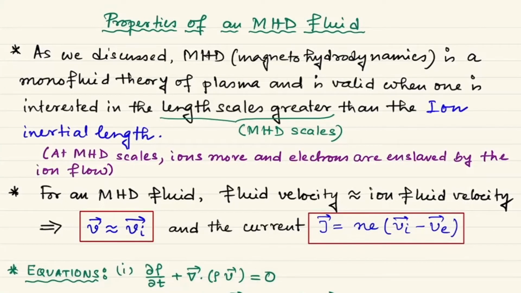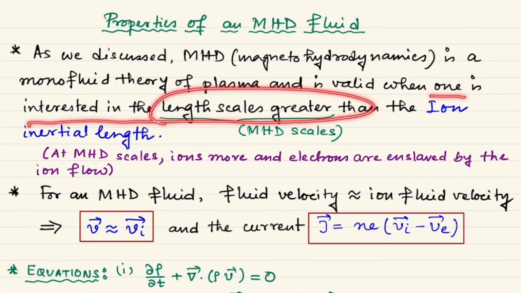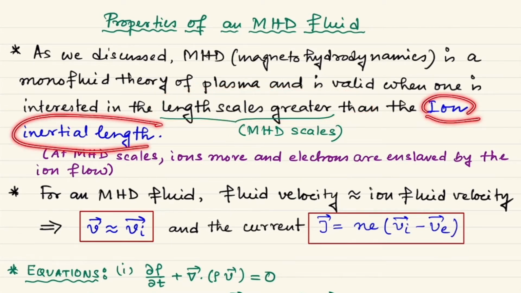In today's discussion we will mostly try to throw some light on different interesting properties of such MHD fluids. As we discussed last time, MHD is a monofluid theory of plasma, and it is valid only when we are interested beyond a certain length scale called the ion inertial length. Of course, in terms of time scale you can also estimate some time corresponding to that.